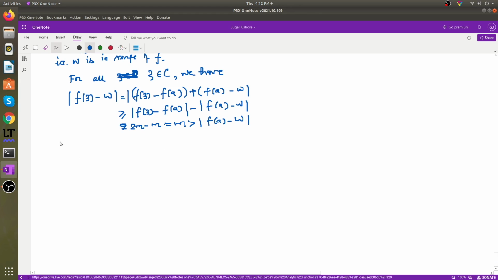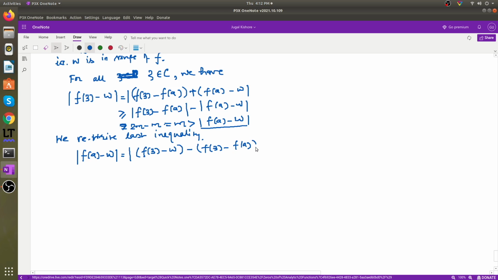Now if we rewrite the last inequality, taking f(a) minus w, I can write it as f(zeta) minus w minus the quantity f(zeta) minus f(a). So the modulus of f(a) minus w is less than the modulus of f(zeta) minus w.